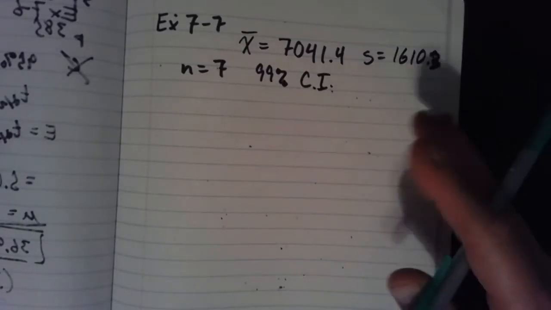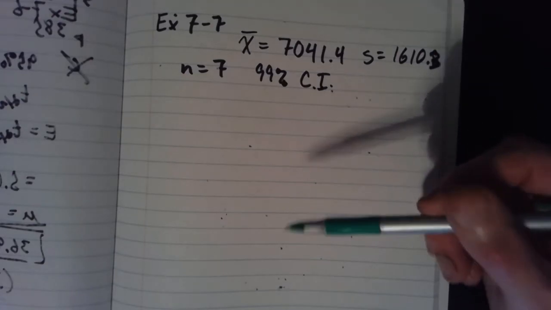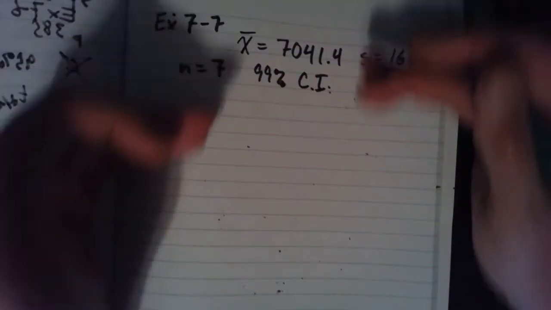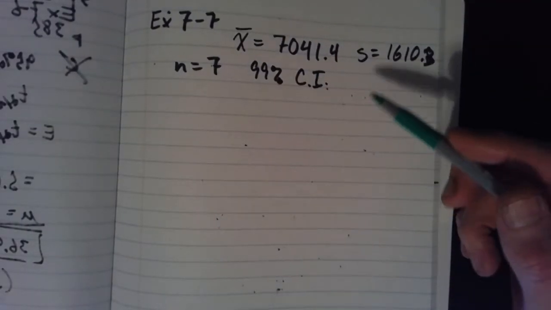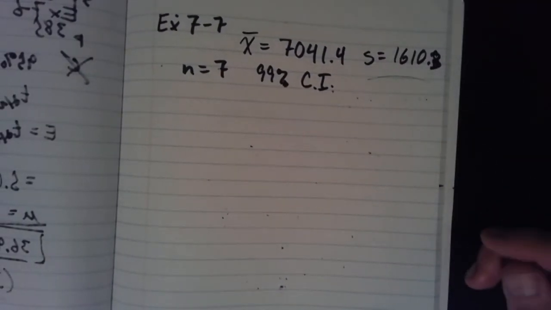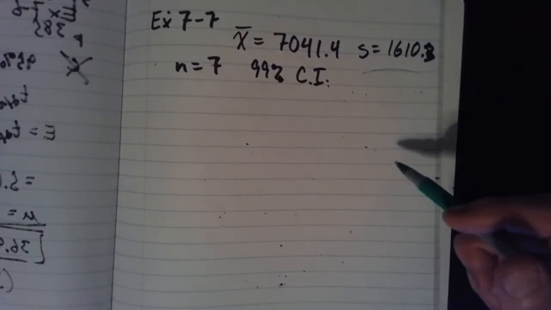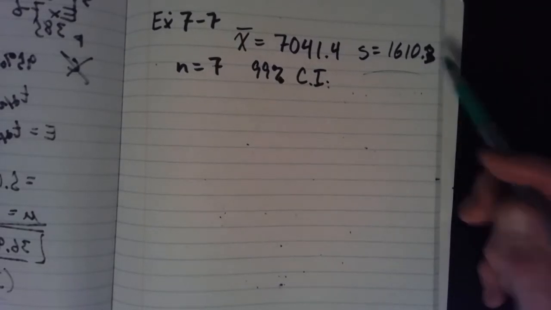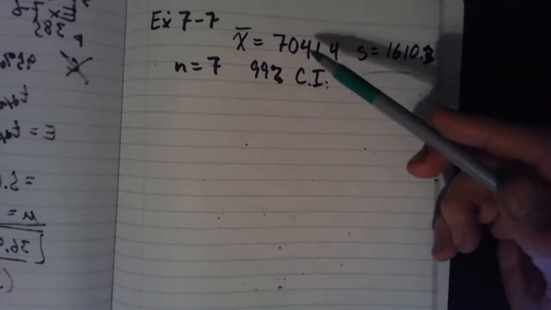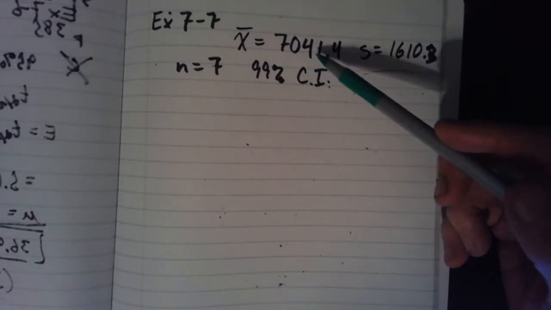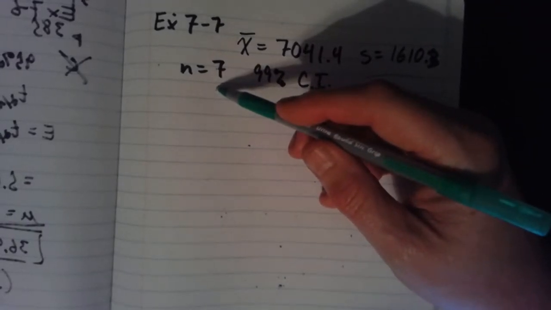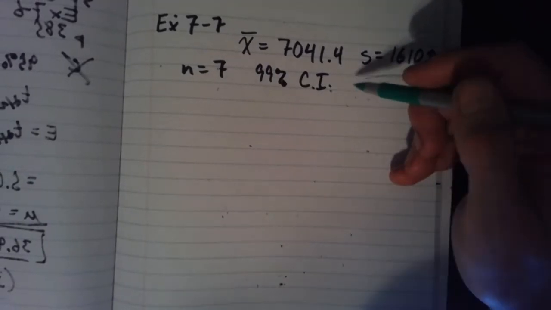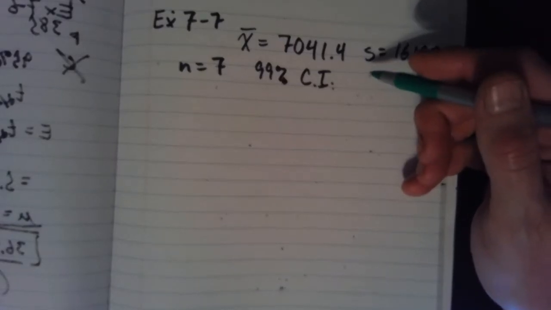Square each value and put it in the next column, and then use those two column sums in that shortcut formula. But anyway, we've got the sample standard deviation is 1,610.3. The x-bar, the average, was 7,041.4.